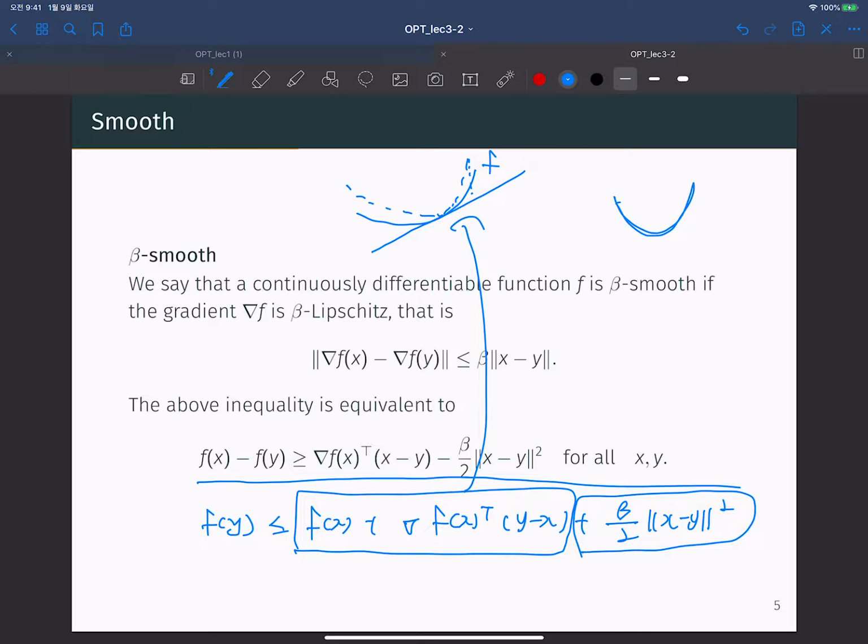Okay. And of course, alpha is always less than or equal to beta, because the function f is always upper bounded by the beta term with the squared Euclidean norm of (x minus y), and lower bounded by the alpha over 2 term with the squared Euclidean norm of (x minus y). So alpha is always less than or equal to beta.